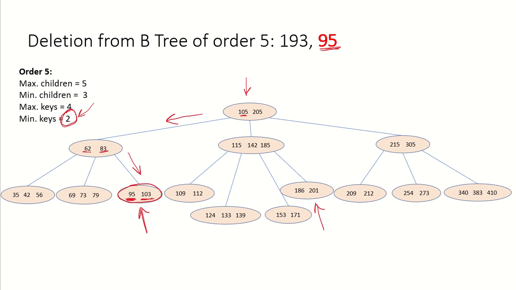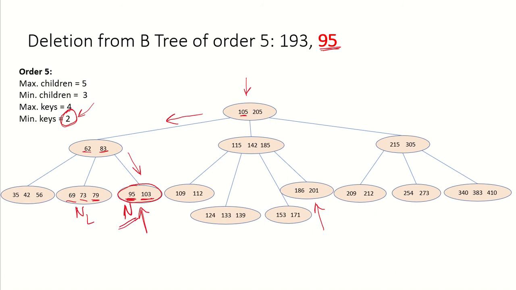We will see whether a key can be borrowed from a sibling. So either it can be the left sibling or the right sibling. This node N is not having any right sibling, but it is having a left sibling which is actually having 3 keys. So this left sibling can lend 1 key to its sibling N.